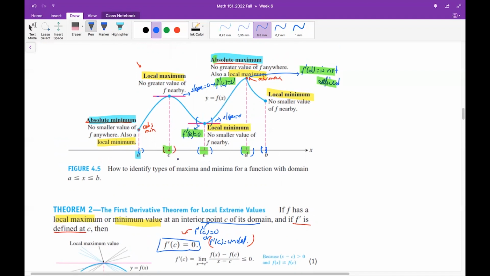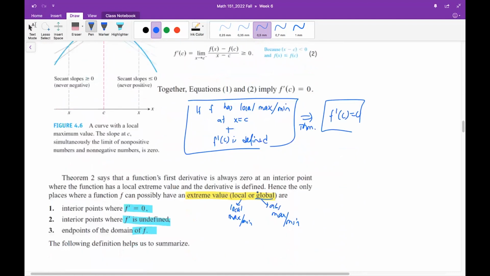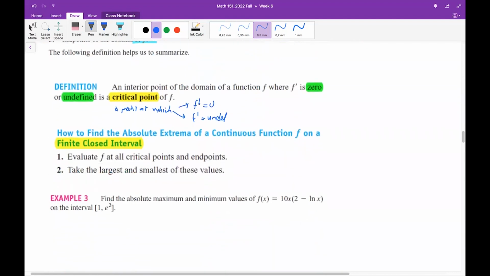Such points are called the critical points of your function. So critical points means that either the first derivative is 0 or the first derivative is undefined. So we are defining what a critical point is here.